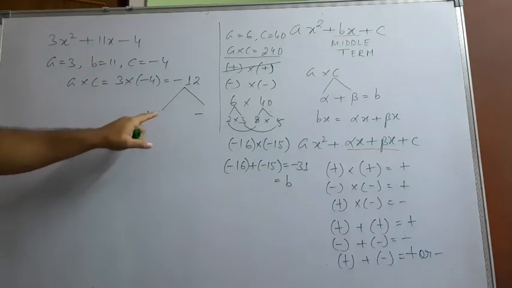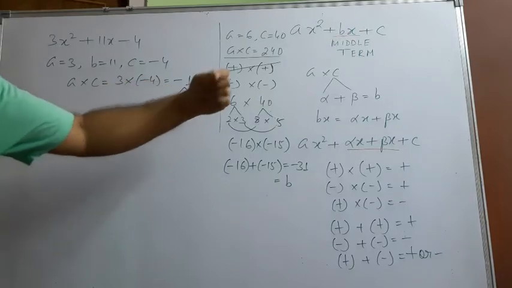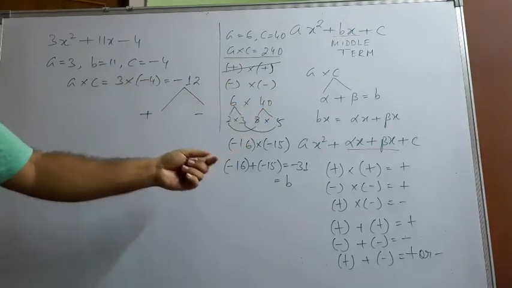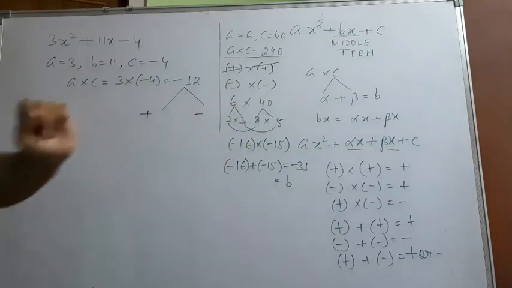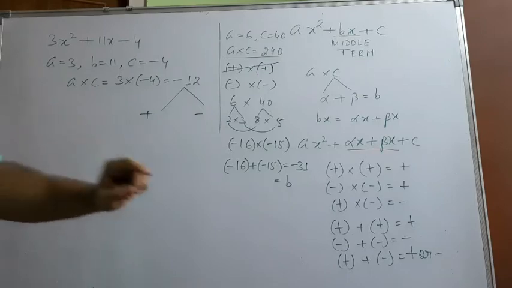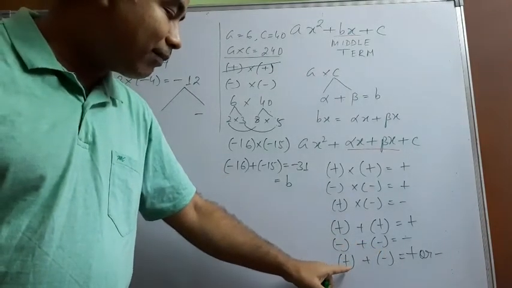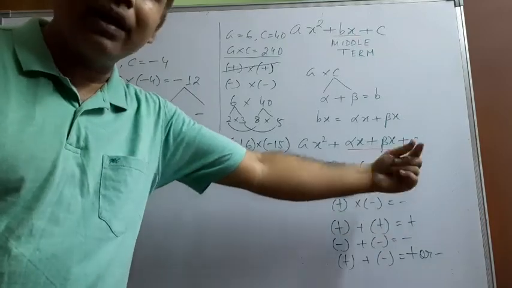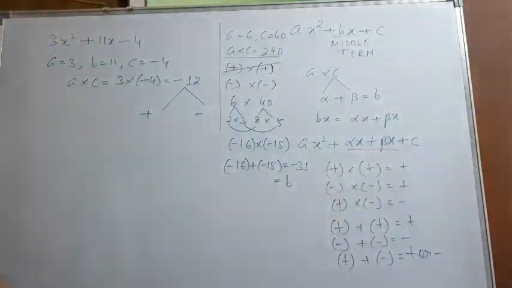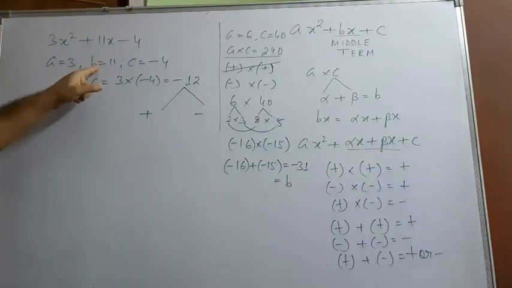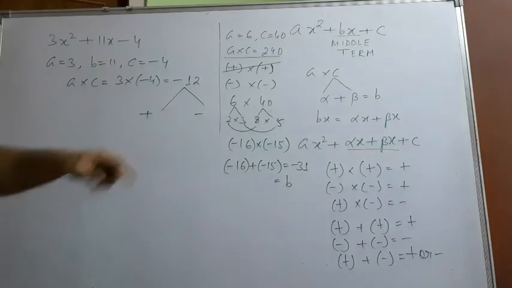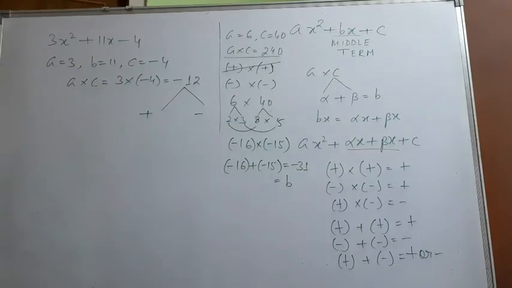When we add a positive and a negative number, the sign of the result is positive if the positive number is bigger than the negative number. So in our answer we should have a positive number. So the bigger factor must be positive and the smaller factor must be negative.